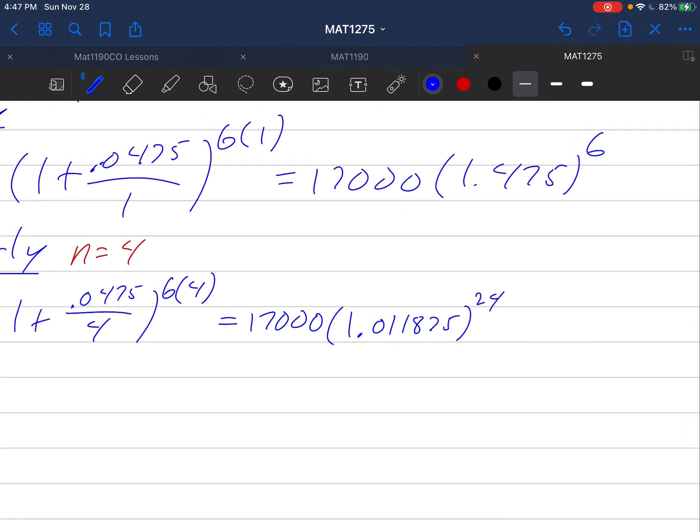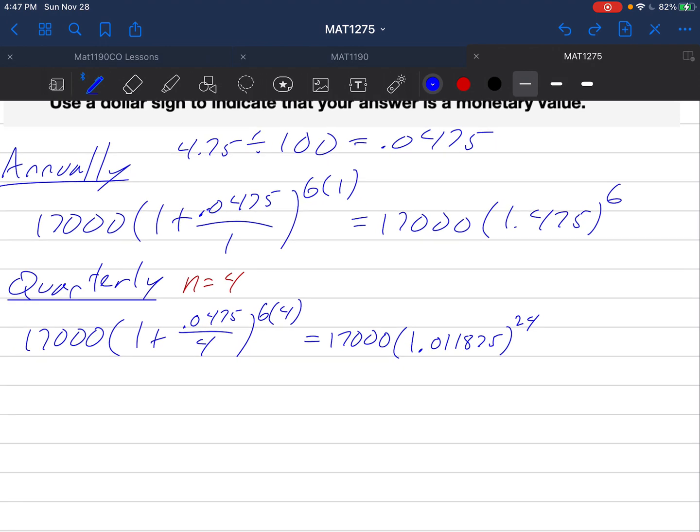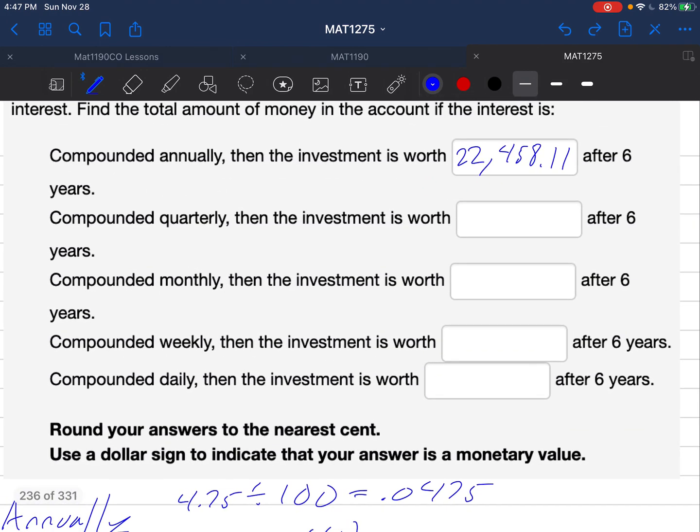And this is raised to the power of 24, right? That's 6 times 4. So we could put this into your calculator, and you're going to get an answer here of $22,568.03, rounded to the nearest cent, rounded to the nearest hundredth.